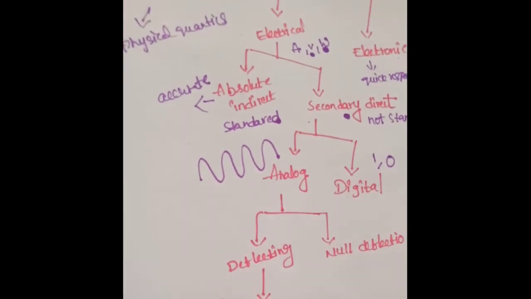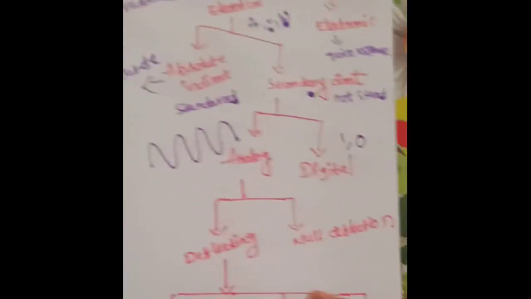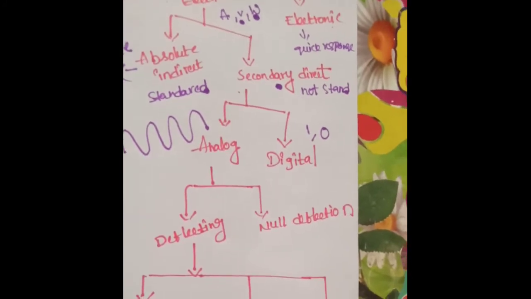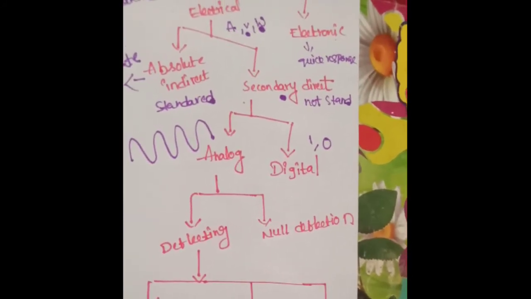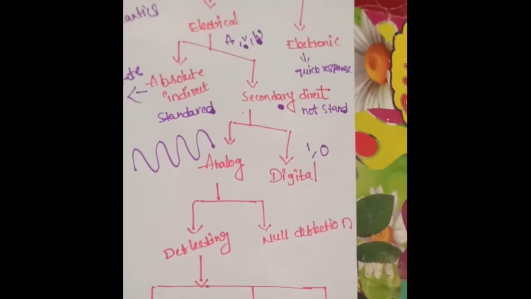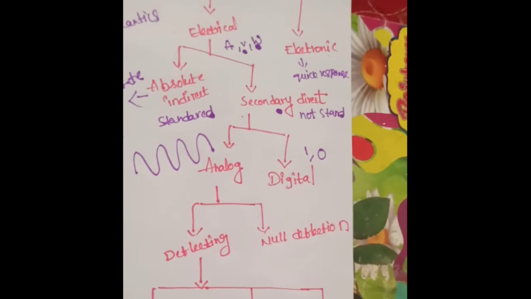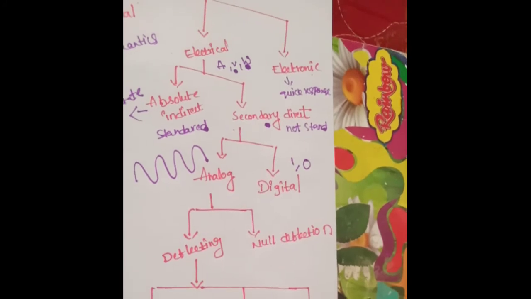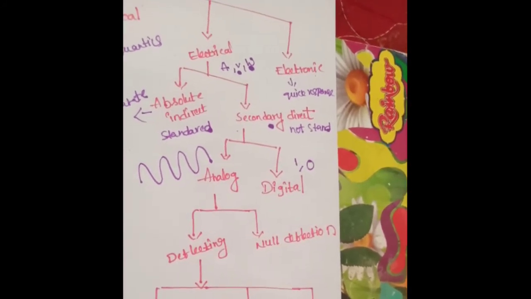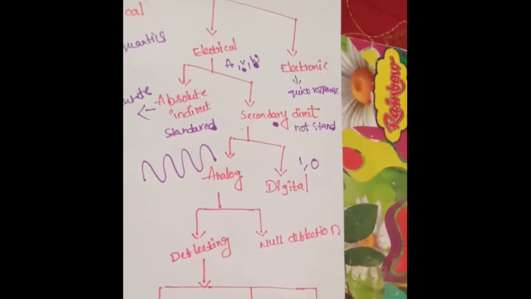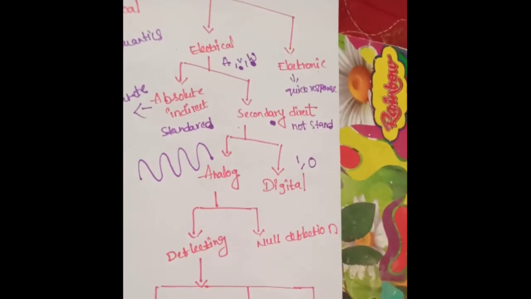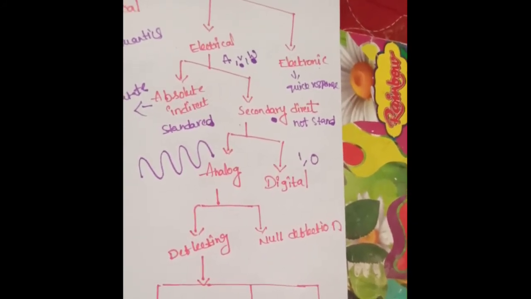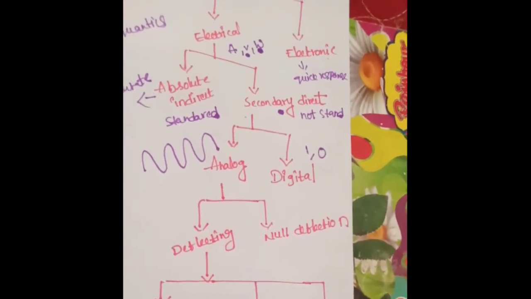Integrating means the present value is added to the past value to get the integrated value. The best example of an integrating instrument is the current bill, which gives the past values and current values.